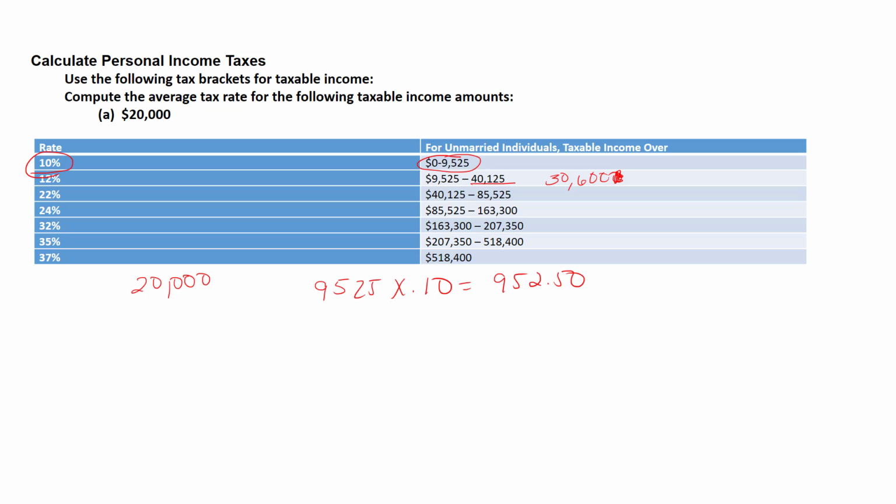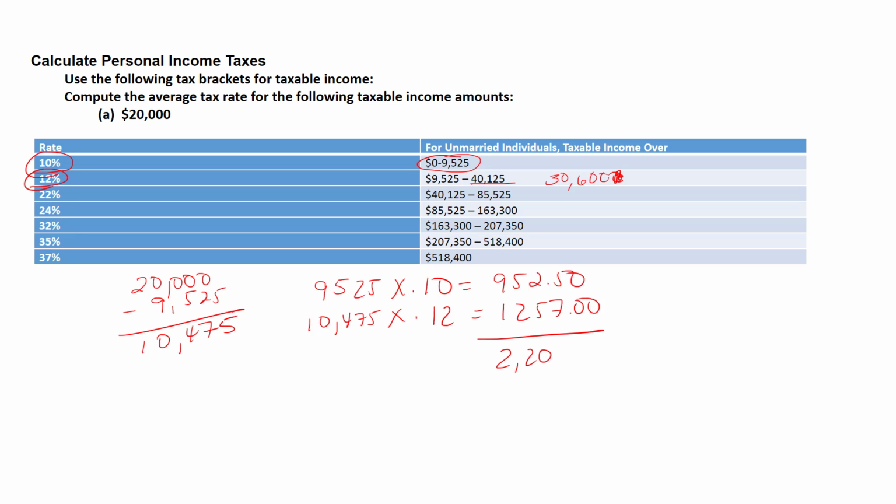We made 20, so that's where you stop. So if we take our 20,000, and we subtract the $9,525 that we've already paid tax on, we need to pay tax on what's left, which is $10,475. So that amount of money is taxed at the 12% rate. Then we add these two together, and this is our tax liability.